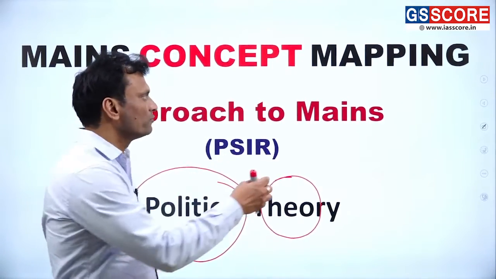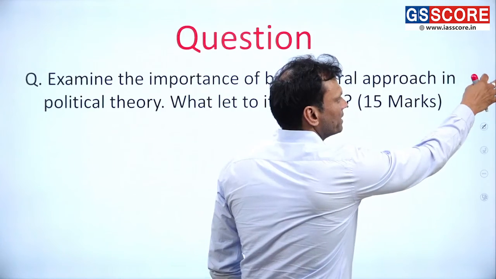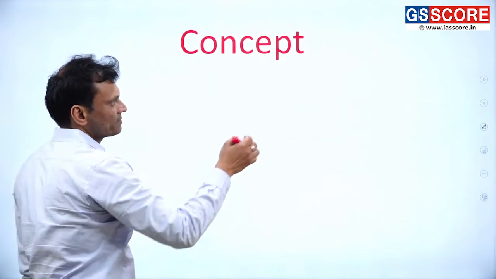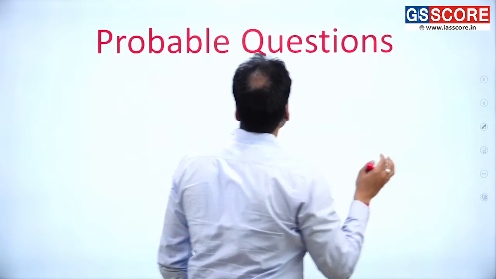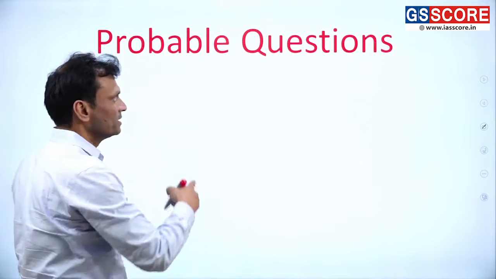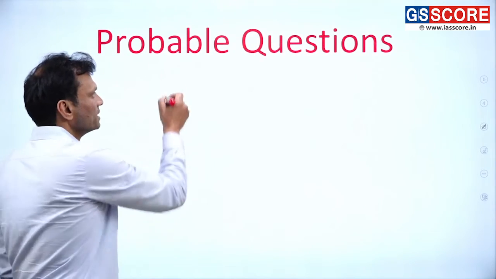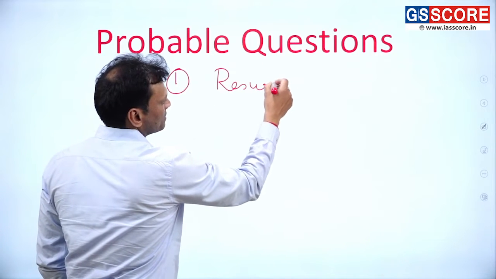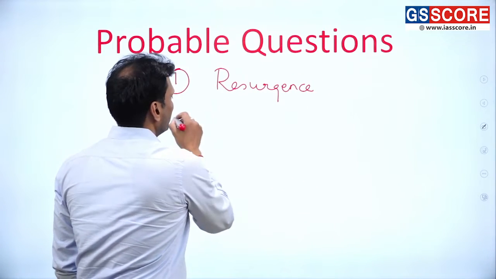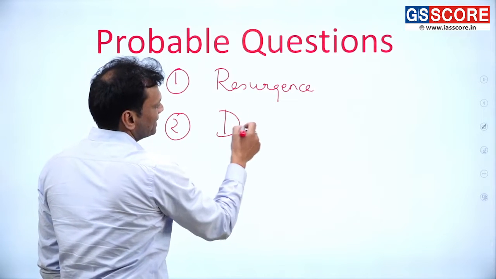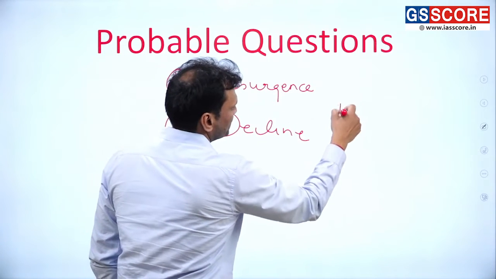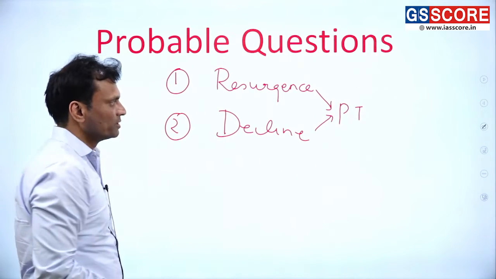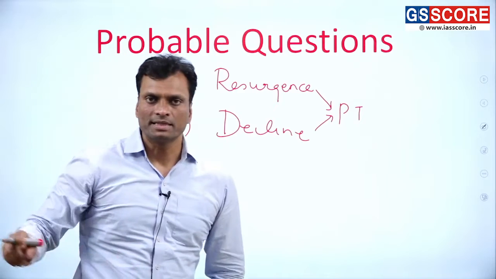Because when we go further into the topic, you will find out the various other concepts, or I can say, probable questions from political theory, other than the one question which we will see. That is, what is the resurgence of theory? And what is the decline of political theory? This will apply to both of it, resurgence of political theory and decline of political theory.